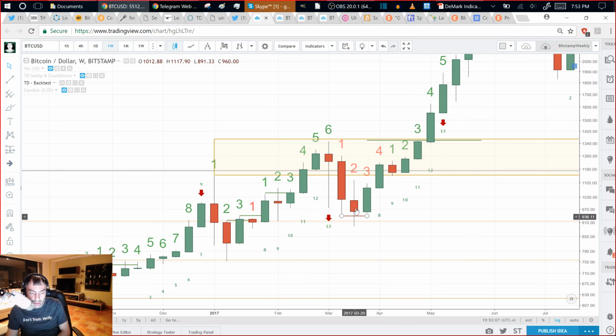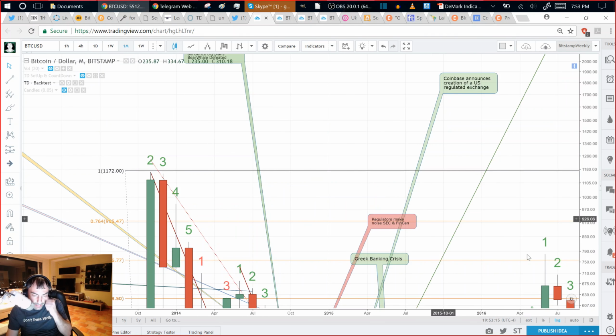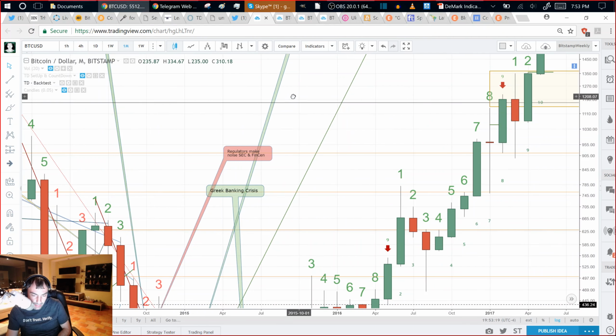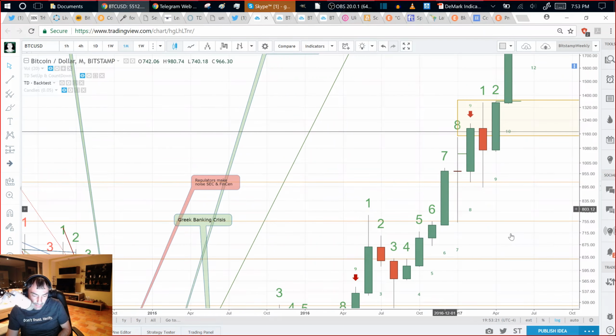Because your higher level time frame here, this is the month of March. And if I go to the monthly chart and look at the month of March for this year, the month of March is the one following a 9 candle.